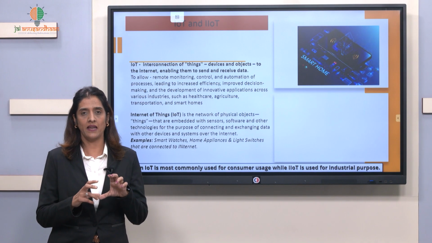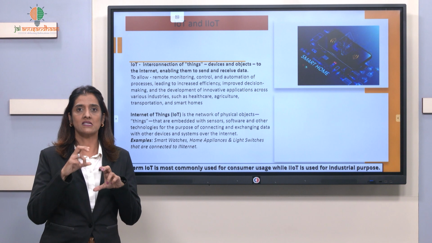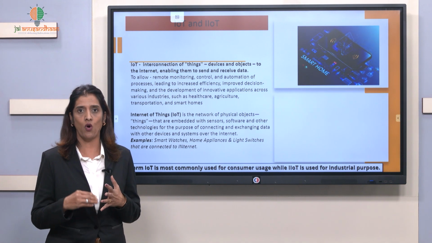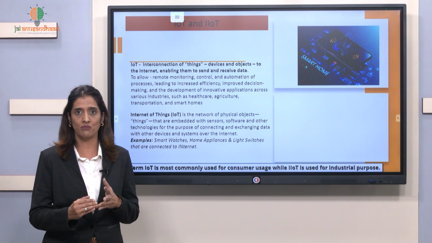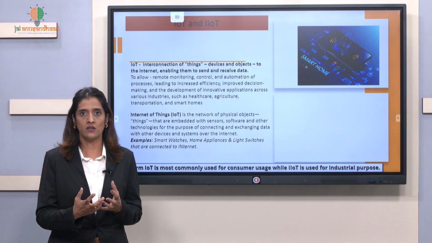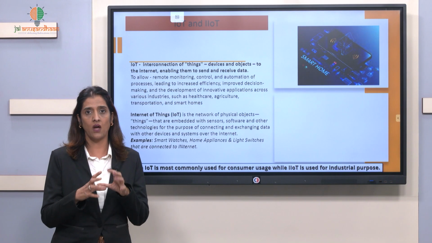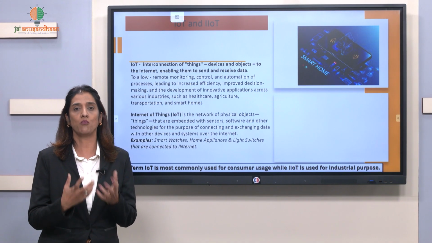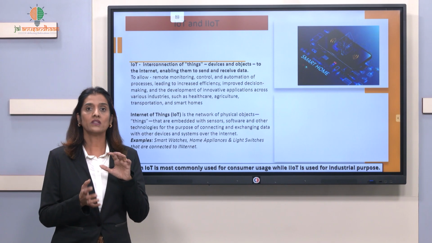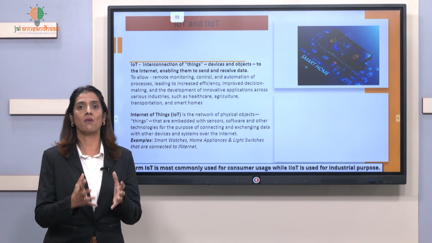We can connect battery operated sensors to that bottle, which can sense the temperature of the bottle, maybe the pressure of the bottle, and the color of the bottle. All these parameters related to that bottle, we can now measure and monitor. So the bottle along with that sensor becomes a smart bottle.